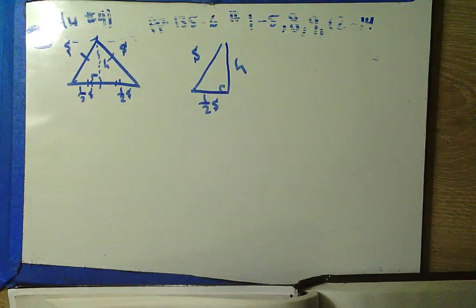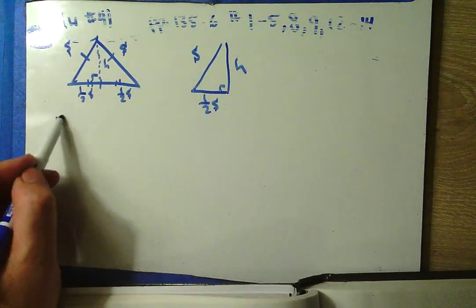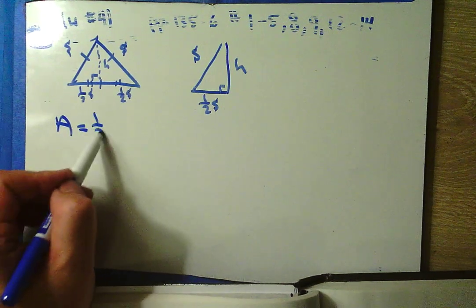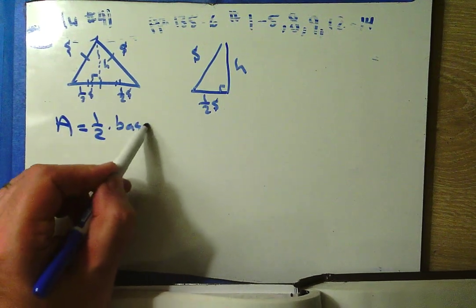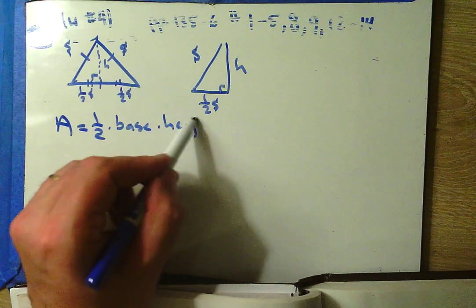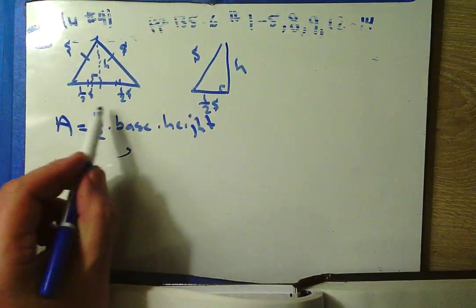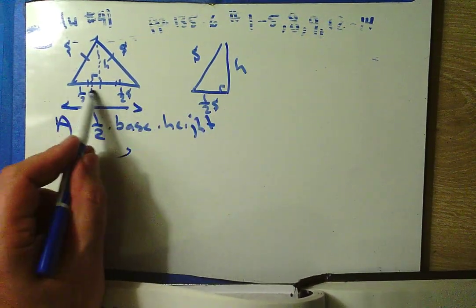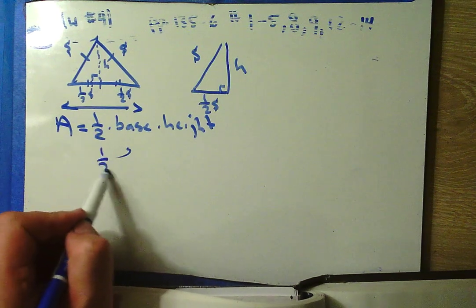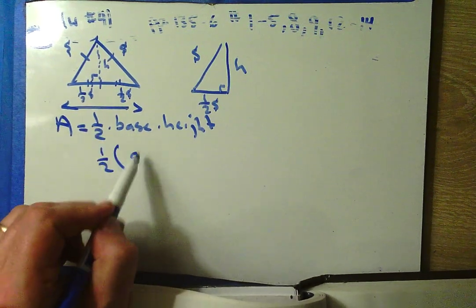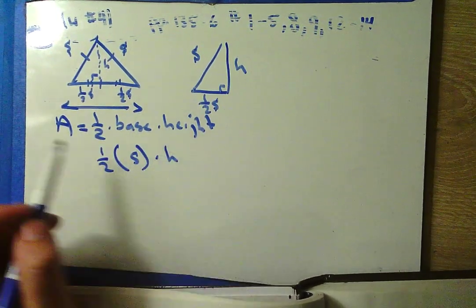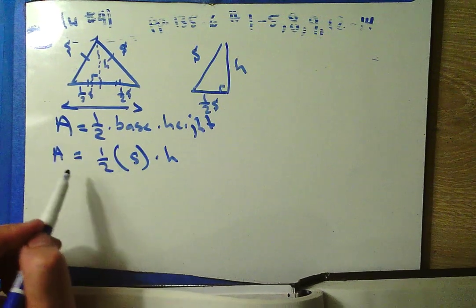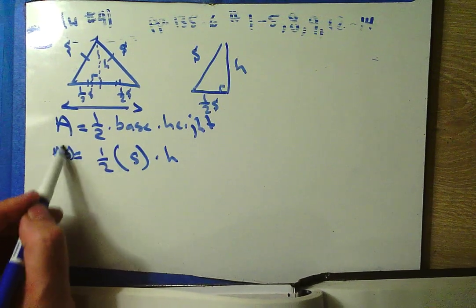We're going to need this information because right now I know the area of a triangle is 1/2 base times height. Well, the base of our triangle is 1/2 s plus 1/2 s, or s, and the height is h. But I need area in terms of s's.